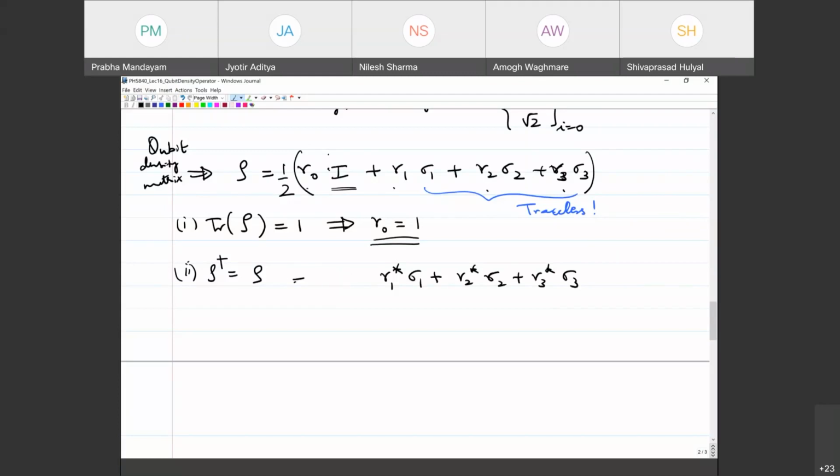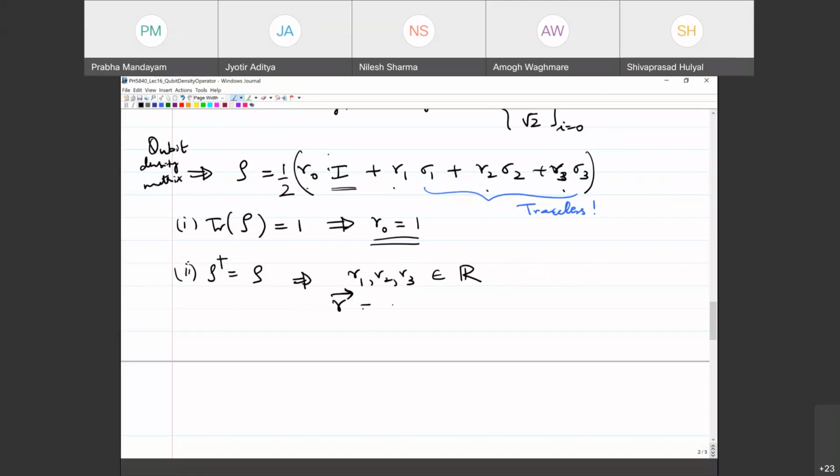Okay, let me write down what it implies and then argue it out quickly. So this implies that R1, R2, R3 must all belong to the reals, which means I can write down a vector, and now I put a typical vector sign of a 3-dimensional real vector space, right?